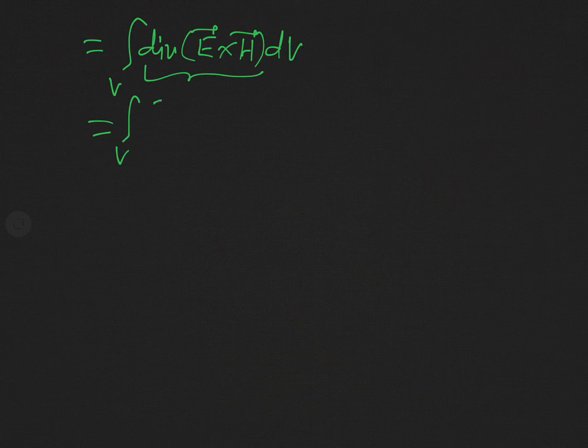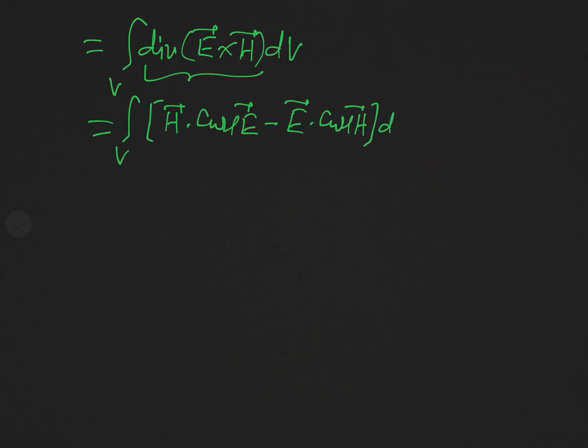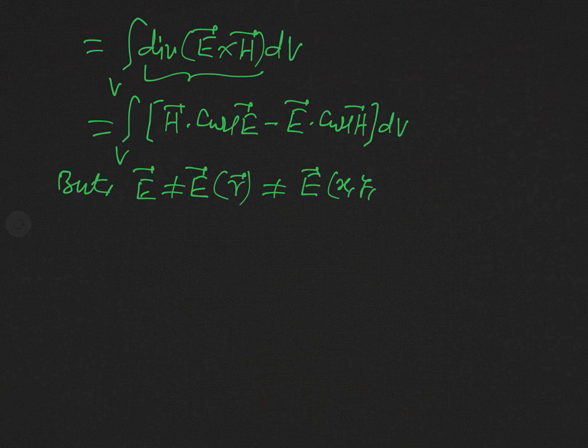Now, use the vector identity for divergence of E cross H. You know this divergence of E cross H is equal to H dot curl E minus E dot curl H. But as the field is STD, and you have seen above that E is not a function of R, it means it is not a function of x, y, z.